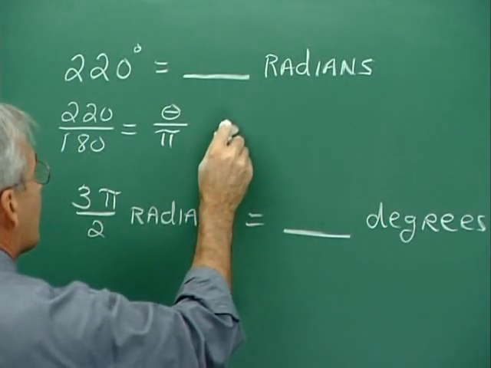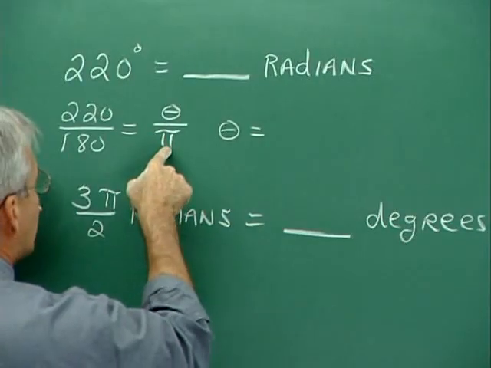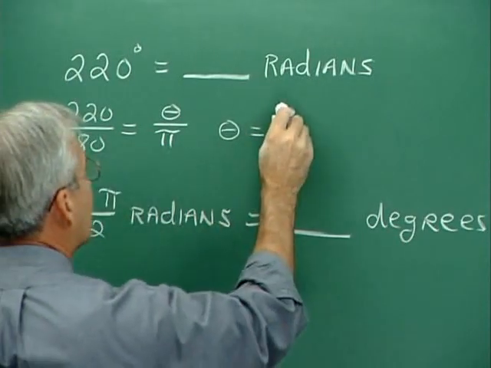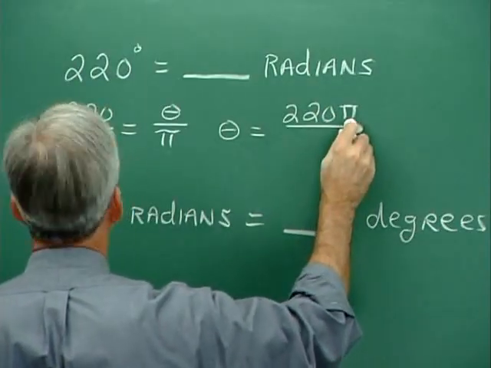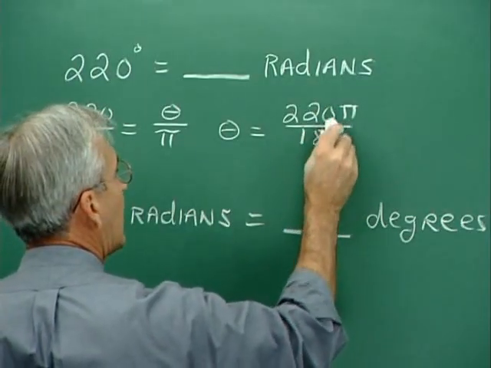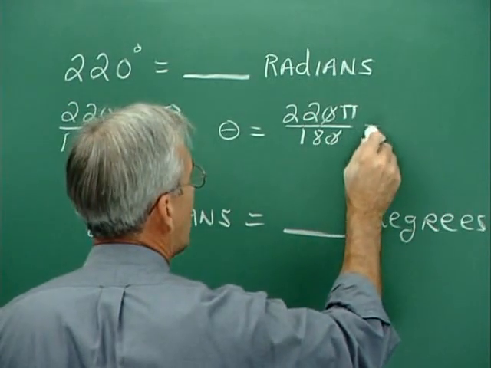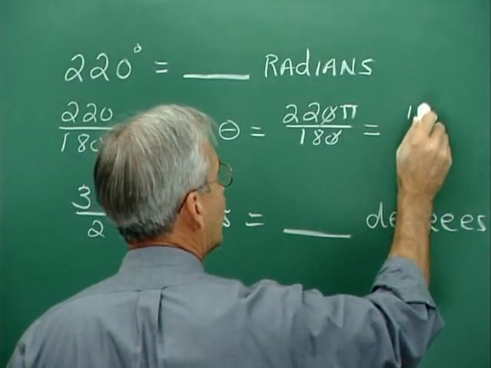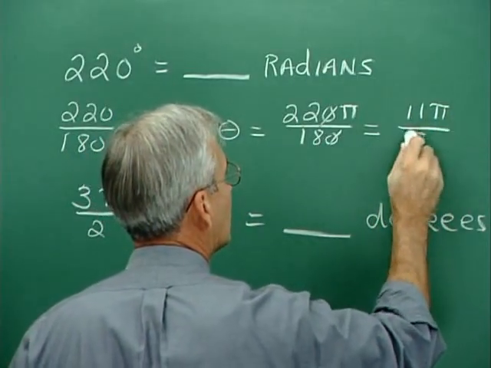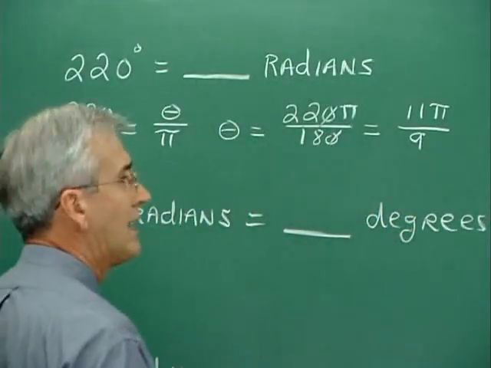So theta is equal to, multiplying by pi on both sides, pi goes out over here, and over here it ends up in the numerator, so it's 220 pi over 180. And then divide by 10 on both sides, and then reduce a little bit because they're both even in numerator and denominator. 2 into 22 is 11, and 2 into 18 is 9. So 11 pi over 9 would be the number of radians we have.